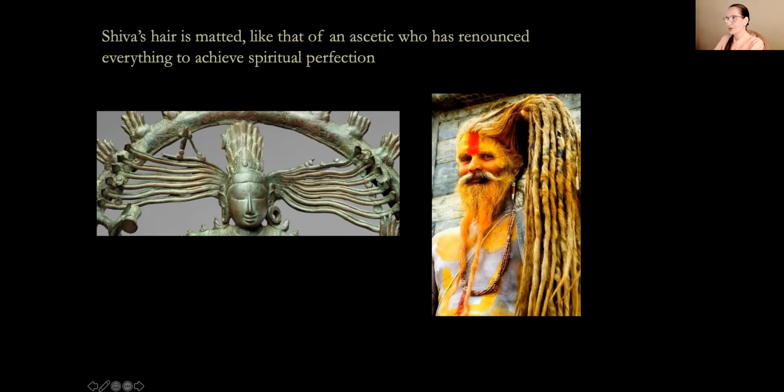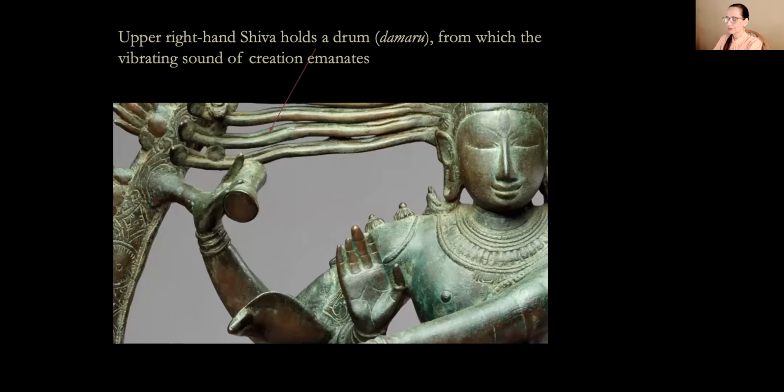And it's all an expression of the body as an expression of the inner life of the ascetic search for spiritual perfection by renouncing attention to the body. In the upper right hand, Shiva holds a drum, the Damaru, from which the vibrating sounds of creation emanate.